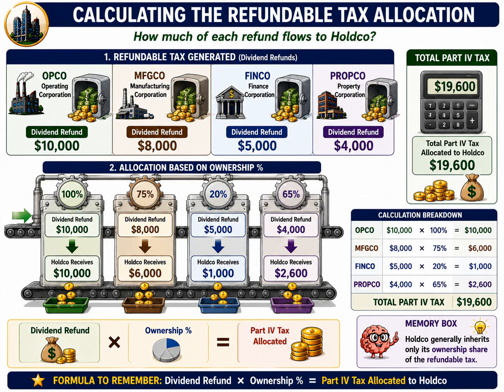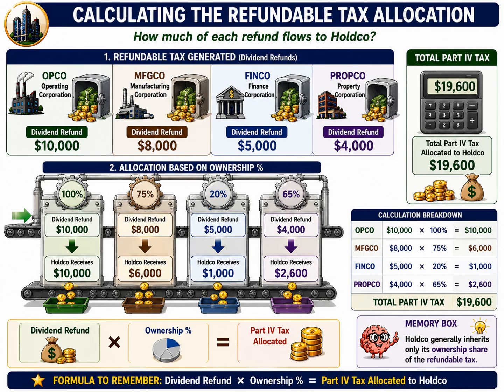Next, MefGeco. Holdco owns 75% of MefGeco. The dividend refund is $8,000. 75% of $8,000 equals $6,000. So Holdco receives $6,000 of allocated Part 4 tax from MefGeco. Now let's look at Finco. Holdco owns 20% of Finco.